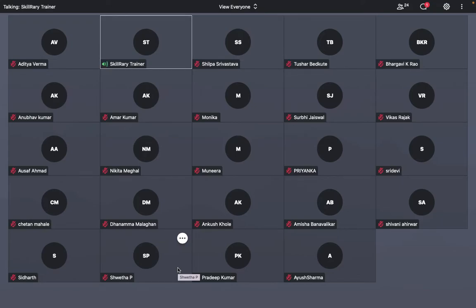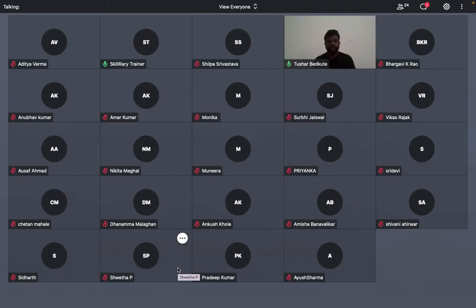Okay, Tushar, what is abstraction? Where have you used abstraction in your framework? Yes, sir. The process of hiding implementation is called abstraction. So I am using abstraction in my framework. What, sir? Come again. What is the definition?